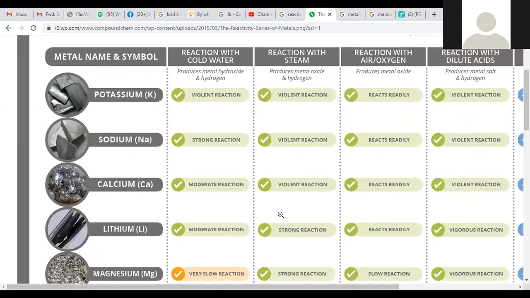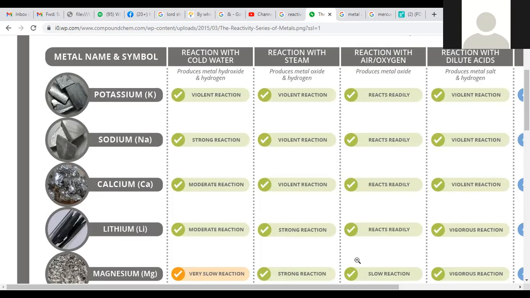And next is about calcium. Calcium is moderately reactive, not to that extent, and it is a member of the alkaline earth metals. Reactivity with water is somewhat less, and it is treated under moderate conditions. And whenever steam is taken, being at high temperature, here again you can observe a vigorous kind of reaction.